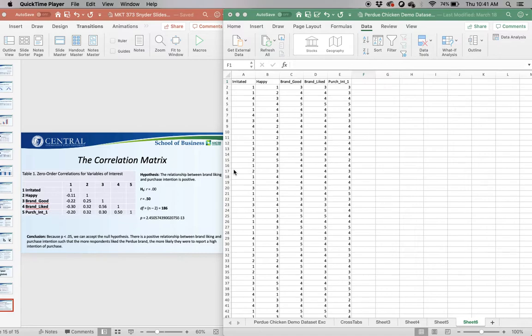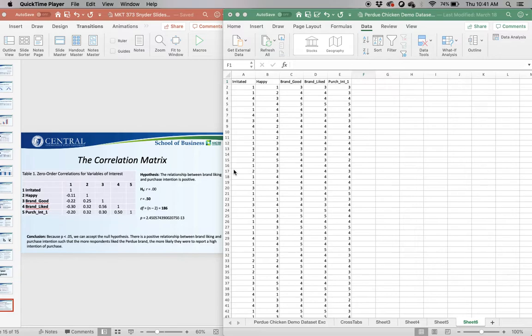The correlation ranges from -1 to +1, where a correlation of 0 means that there's no relationship between the variables. A correlation of -1 means a perfect negative relationship, and a correlation of +1 means a perfect positive relationship.